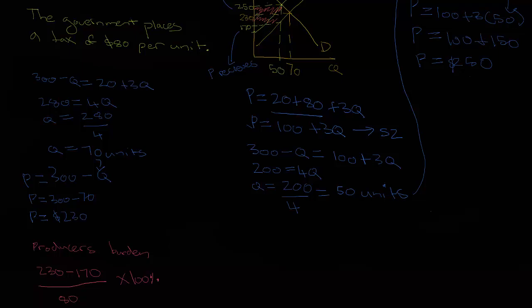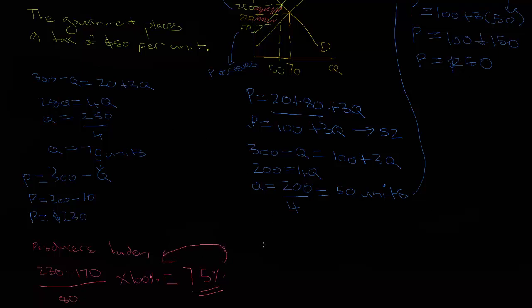So the percentage is just that height divided by that height. So it's 230 minus 170 divided by 80 times 100%, which, using the calculator, is equal to 75%. So this is the producer's burden.